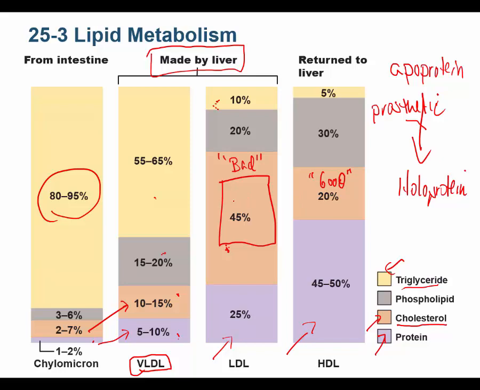LDL is made in the liver and sent out to the tissues. That means LDL is sent out into the bloodstream to go to different tissues. And it's the LDL that can cause atherosclerotic plaques because we keep adding LDL to the blood to go out to the tissues. I mean, your bloodstream is just a transport medium.